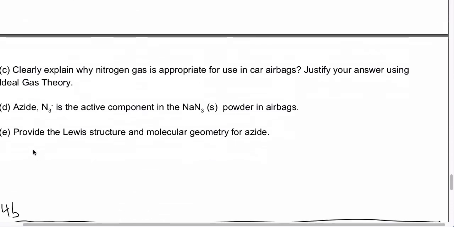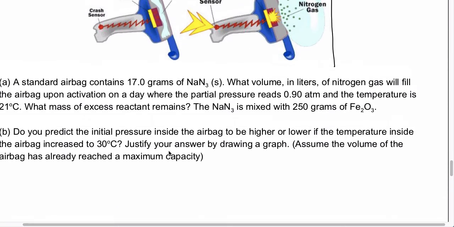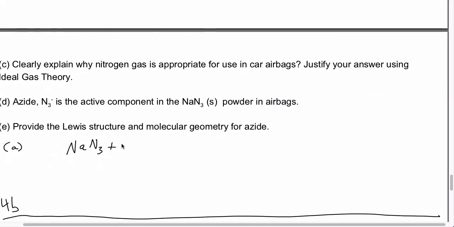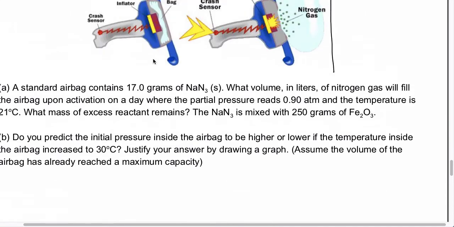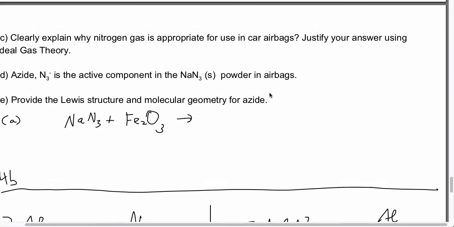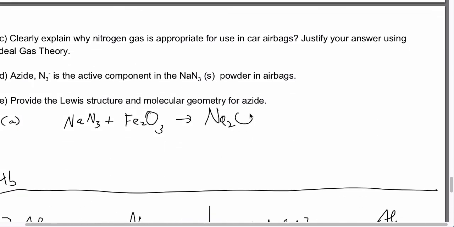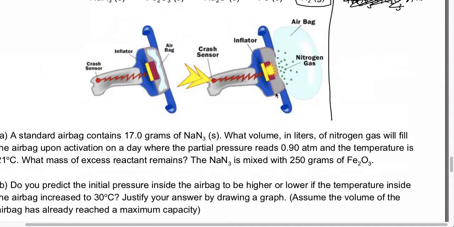Okay, so this is going to be A. So we have NaN3 plus Fe2O3, all right, so it's azide plus Fe2O3 goes to Na2O plus Fe.